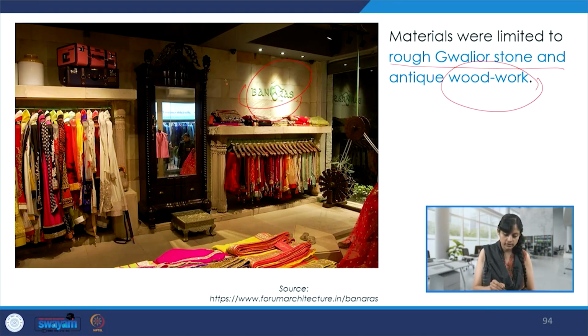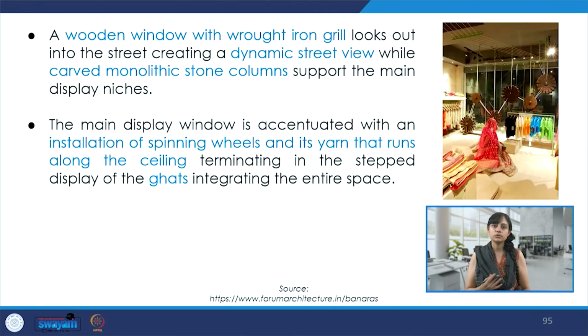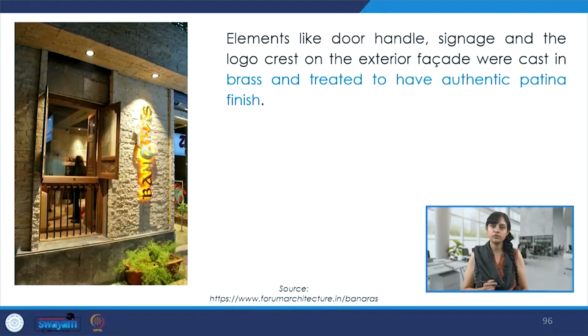It's the stone over here, pieces of wood, antique furniture, and there is wrought iron grill, and there are wooden windows. There is this interesting installation of spinning wheels, and there is this yarn that comes out of these wheels, and then it extends and expands in space to create this sort of an interesting element of design. So those kinds of installations are also interesting over here.